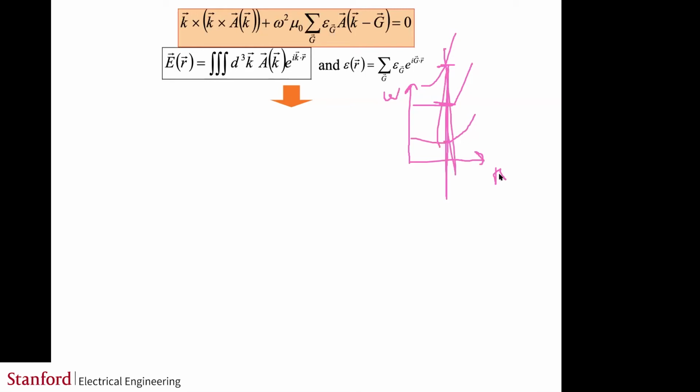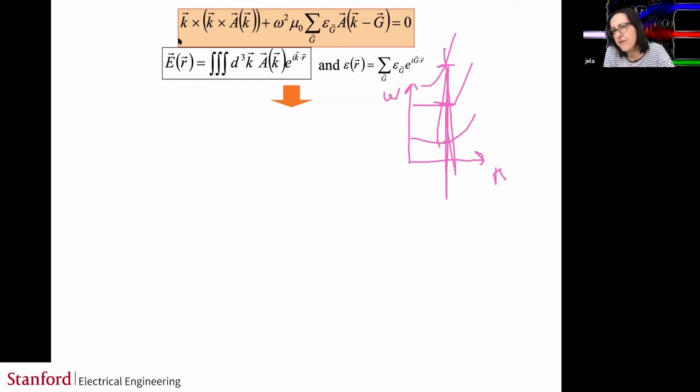K can vary anywhere in space from basically 0 to infinity if you're writing it for a one-dimensional system. But we will prove two slides from now that you only need to write this equation for k inside of the first Brillouin zone, because we will prove that all of the solutions for the field outside of the first Brillouin zone periodically repeat the ones in the first Brillouin zone.